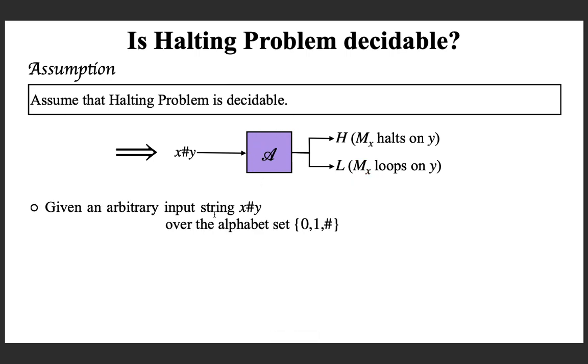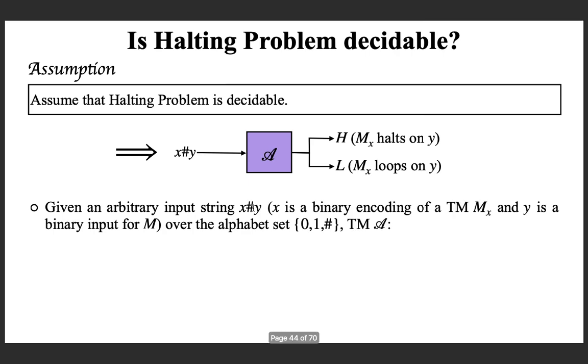So given an arbitrary input string X, Y over the alphabet 0, 1, hash, X is a binary string, Y is a binary string, separated by a hash. X is a binary encoding of a Turing machine M, denoted as MX, and Y is a binary input for M. Recall that Y is a binary input, not an encoding.